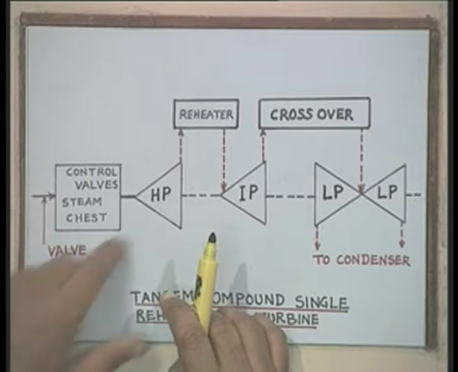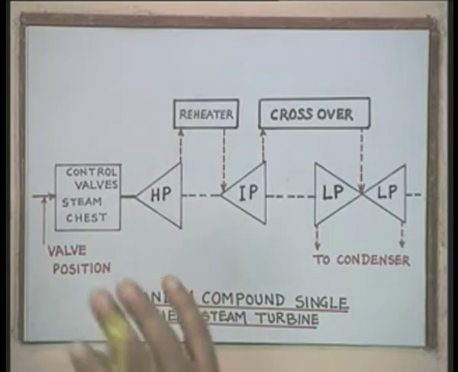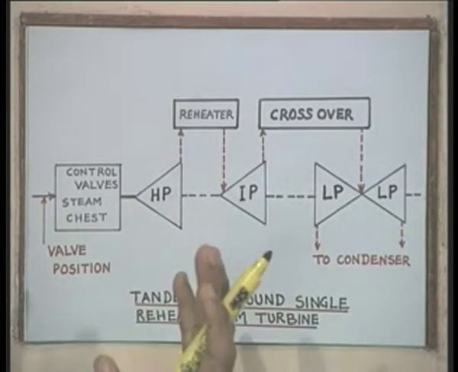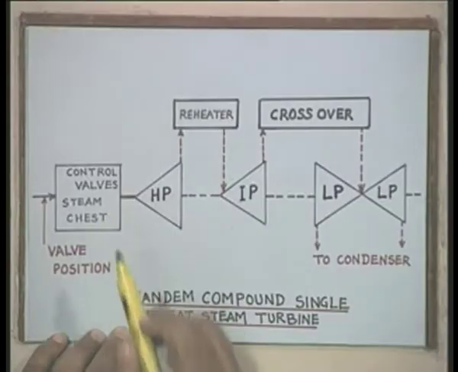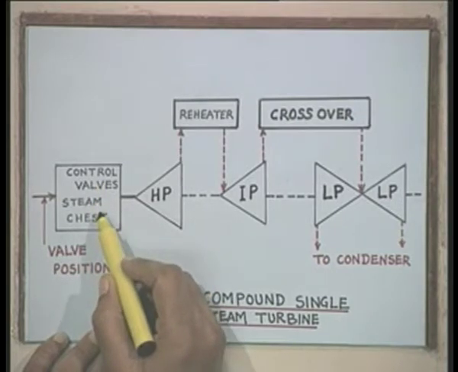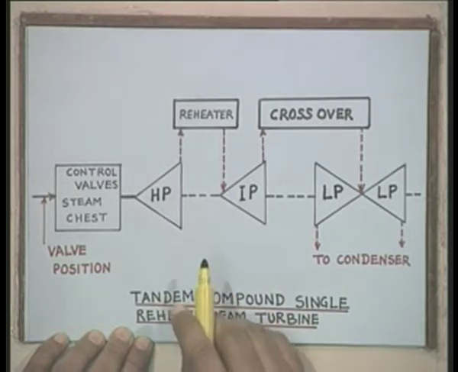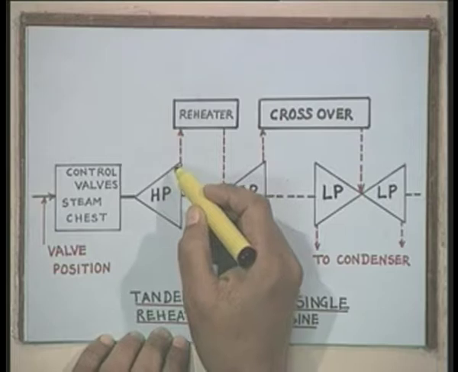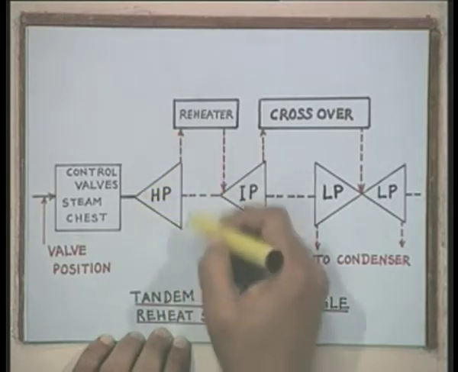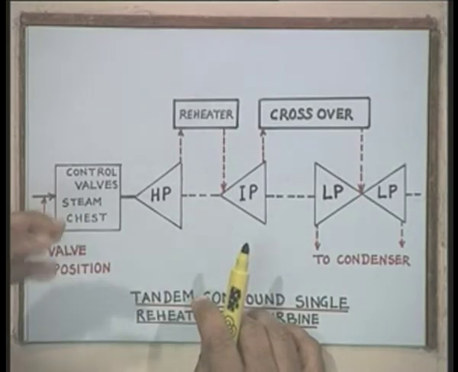Therefore, the first block which I can show here is control valves and steam chest. These valves are enclosed in an enclosure, which also houses a substantial amount of steam. Therefore, we call this a steam chest. The steam from this, through the control valve, enters the high pressure section of the turbine. After developing some power in the high pressure section, the steam temperature and pressure reduce, it gets expanded.